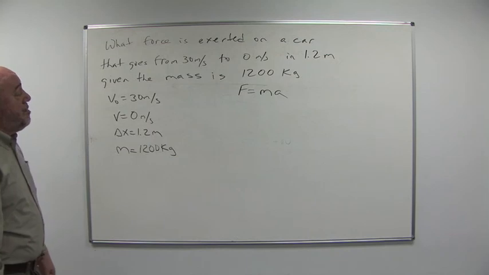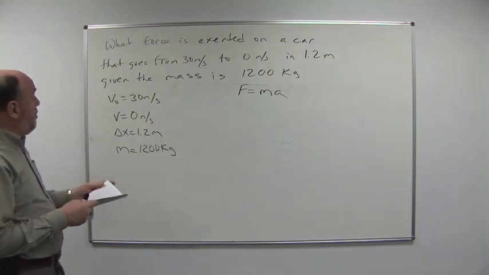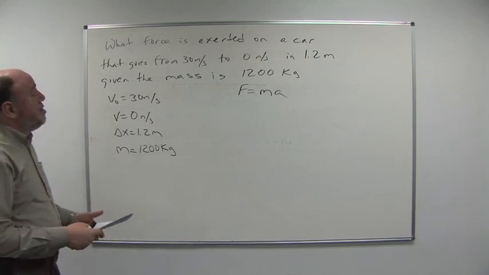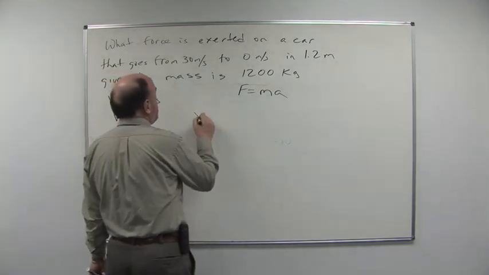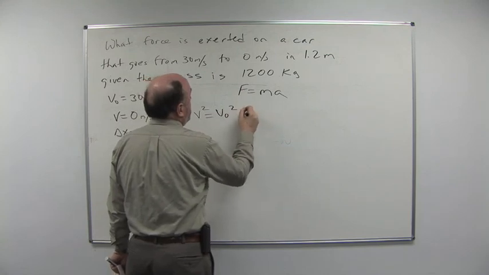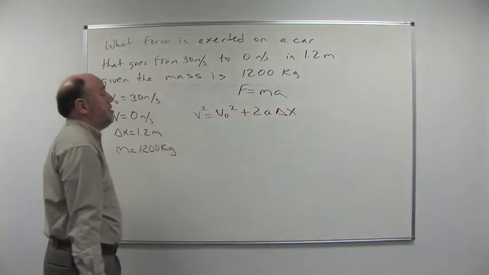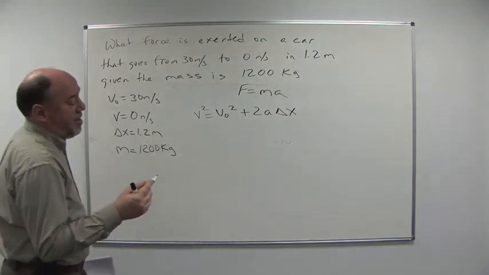We have the mass, but we do not have the acceleration. But given this information, we can find the acceleration. We have those equations from Chapter 2, one of those being v squared equals v naught squared plus 2a delta x. So I can take that equation and solve it for a.